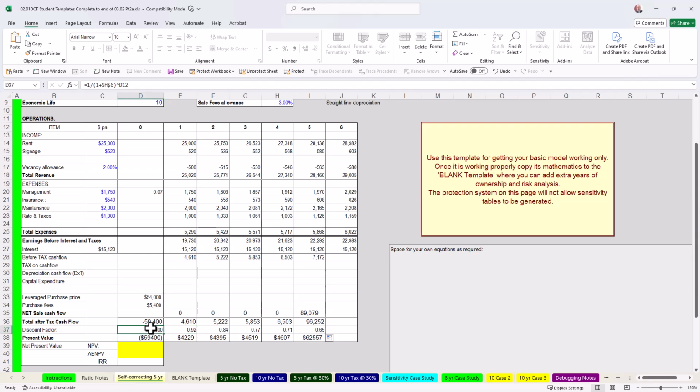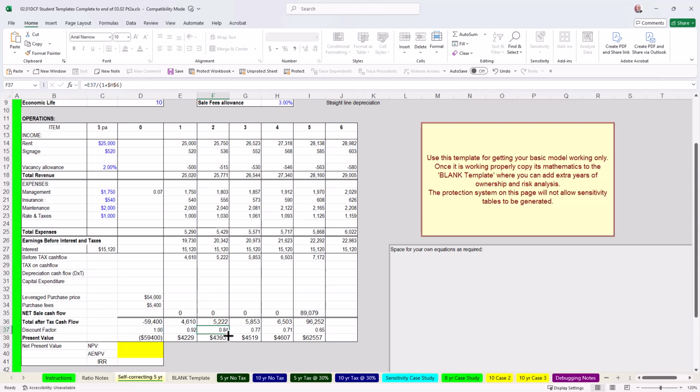So here we have the 1 over form of the equation, here we have it as a negative exponent form, and here what I'm going to do is simply take the previous value, the 0.92, and I'm going to divide that by 1 plus I, so I don't need any exponents. So here we don't have any exponents, which is nice, and that will give us the same number, 0.84.